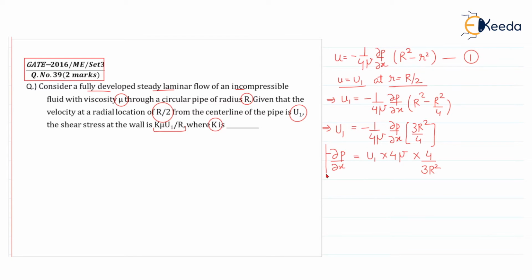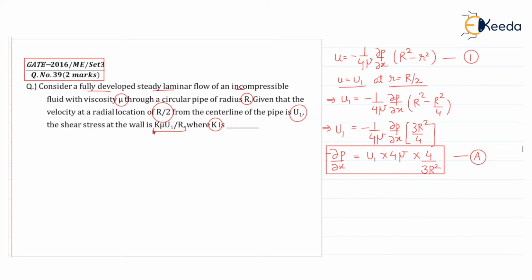So this is the value of minus dou p by dou x we are getting from this equation. Let us say this equation is A: u1 into 4 mu into 4 by 3R square.